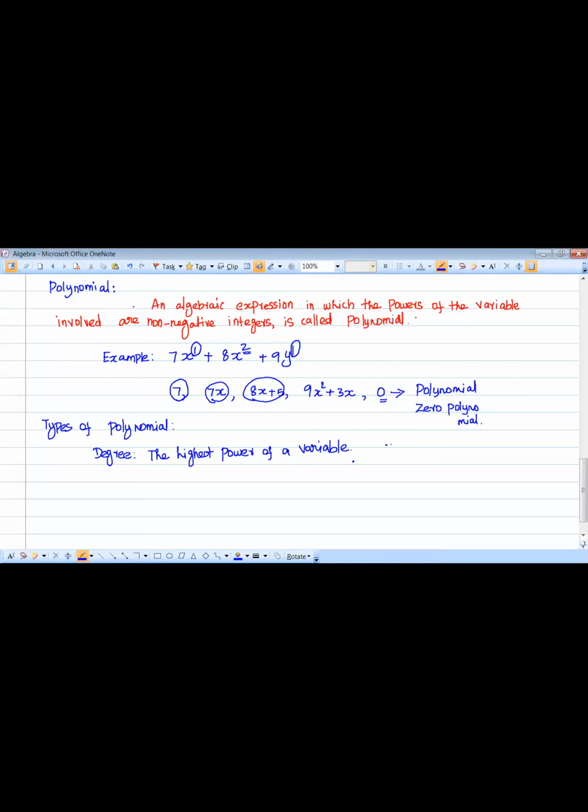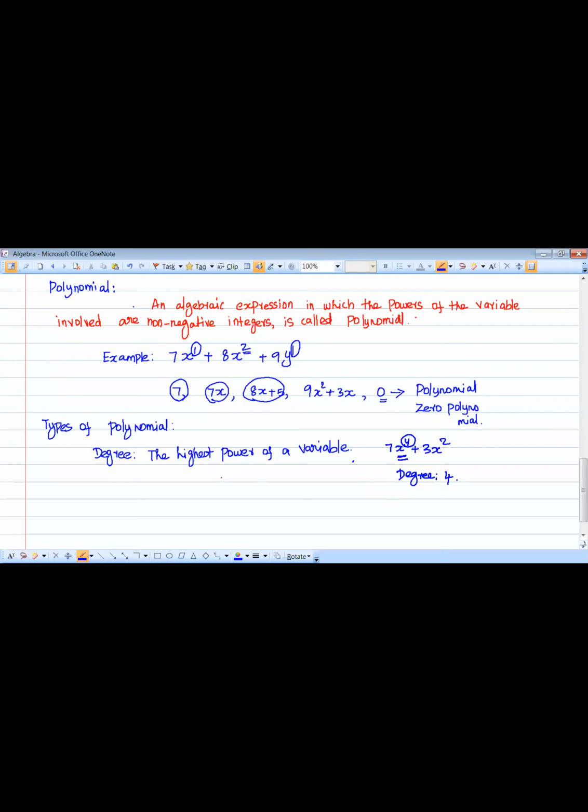Suppose 7x power 4 plus 3x square. Is this a polynomial? Yes, it is a polynomial. And tell me what is the highest power in this polynomial? This is the highest power, 4. Then the degree of this polynomial is 4. So in a polynomial, the highest power is called the degree.